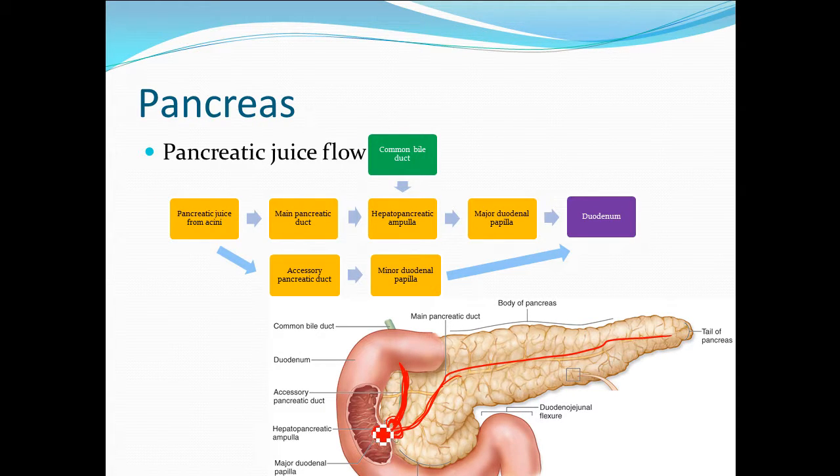This is called the major duodenal papilla. Of course, once again, there's a sphincter in between here, the sphincter of Oddi. And then you have the minor papilla, the accessory pancreatic duct going through the minor duodenal papilla here. Okay, and both of these empty into the duodenum.